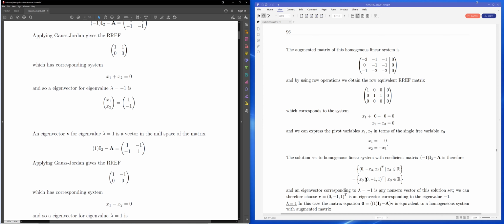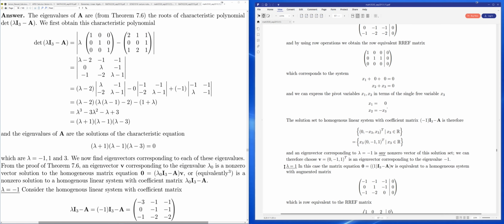So one possible eigenvector corresponding to lambda equal to minus 1 is (0, minus 1, 1), and that's what I have over here. (0, minus 1, 1) is an eigenvector corresponding to eigenvalue lambda equal to minus 1.